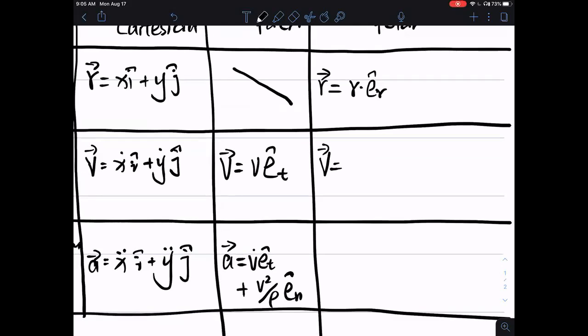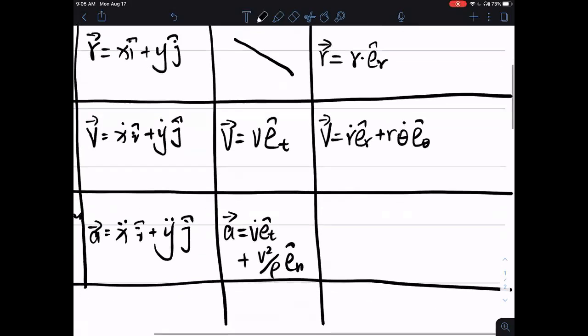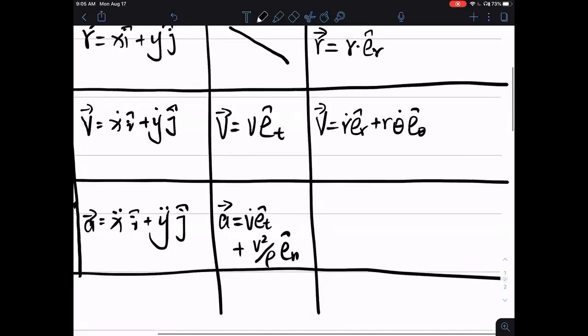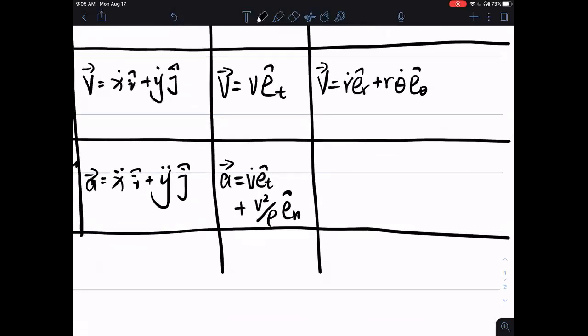Okay, for v, we have r dot er hat plus r theta dot e theta hat. That's for velocity. For acceleration, you have that long, crazy equation. We have r double dot minus r theta dot squared. That's for your er hat component.